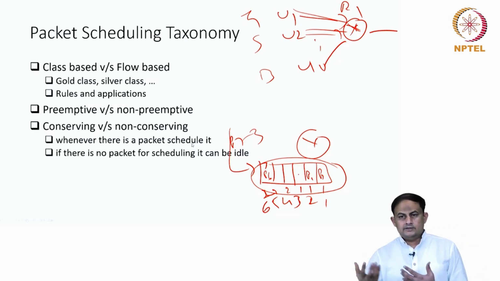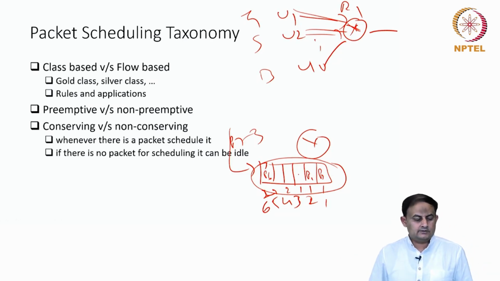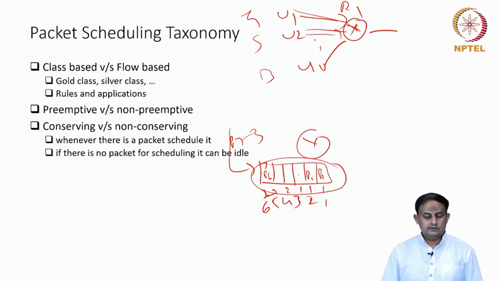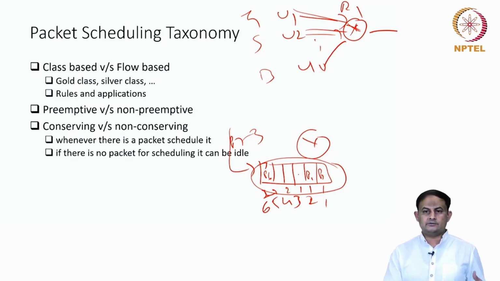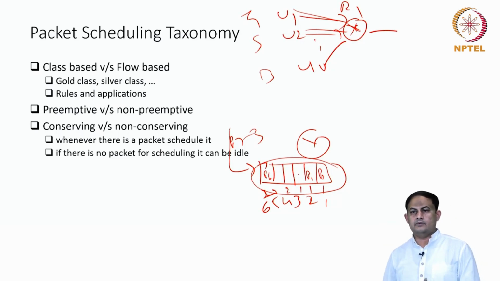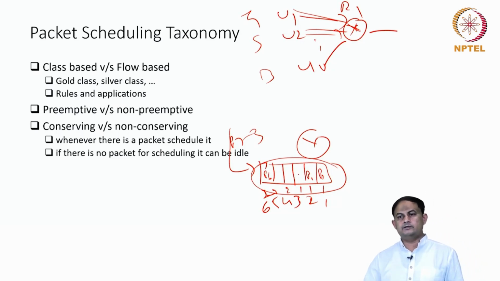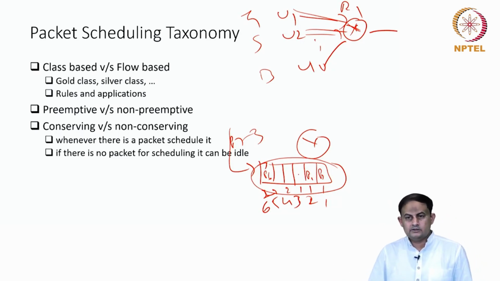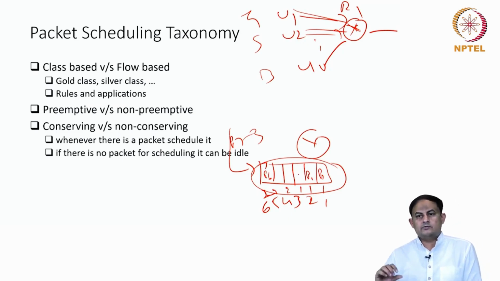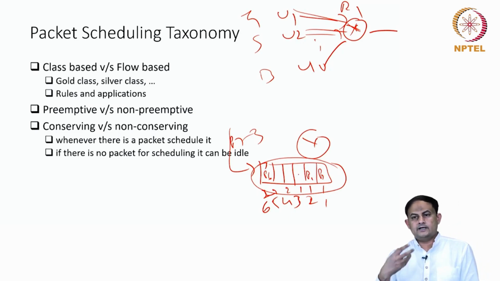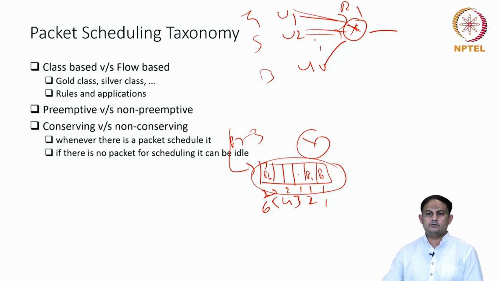So, the next classification is conservative versus non-conservative. In the conservative technology, you decide to transmit whenever there is a packet available. If there are no packets available, then you may not be able to schedule the transmission. In the non-conservative mechanism, even when packets are available, you may not transmit.